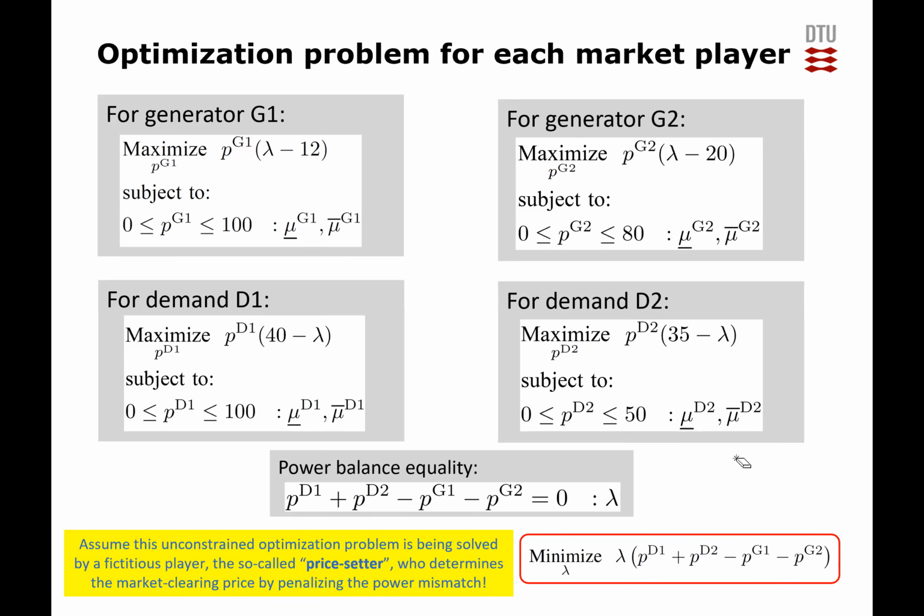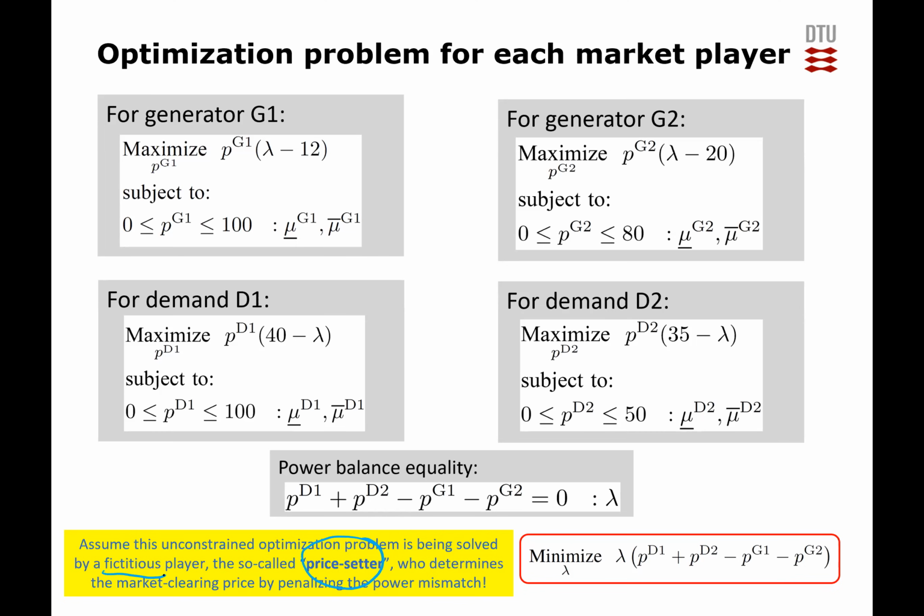Good. Let's assume that we have a fifth player in the equilibrium setup, and let's call it the price setter. This price setter is a fictitious player. I will argue that we don't have such a player in reality, and we will argue why. But so far, assume that we have some imaginary player, and we call it price setter.